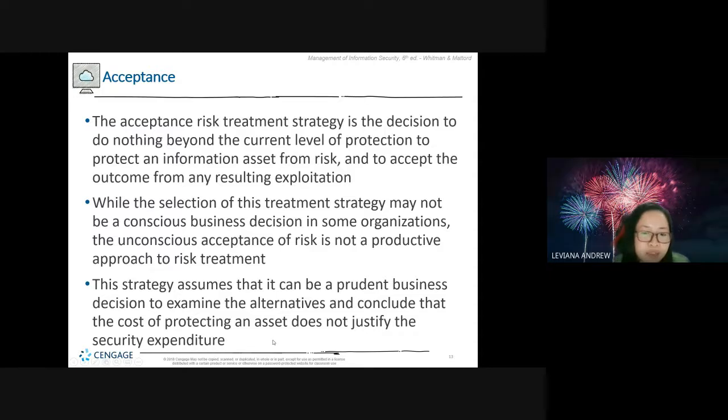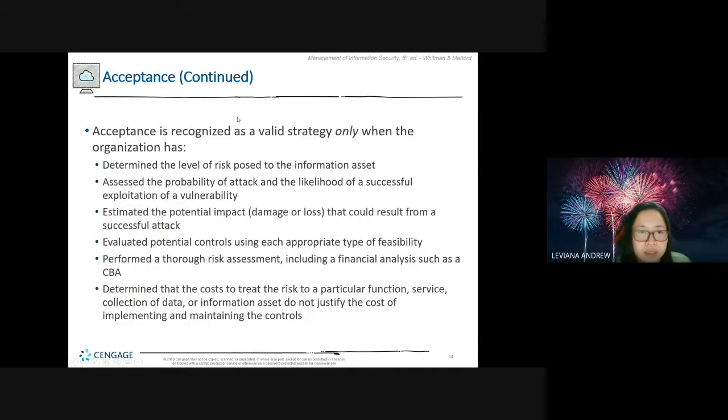If it's not worth protecting, therefore they will do nothing. Or the impact is not so bad, maybe a little. So do nothing to treat the risk. However, you need to determine all of this first before you want to pursue with acceptance risk treatment strategy.